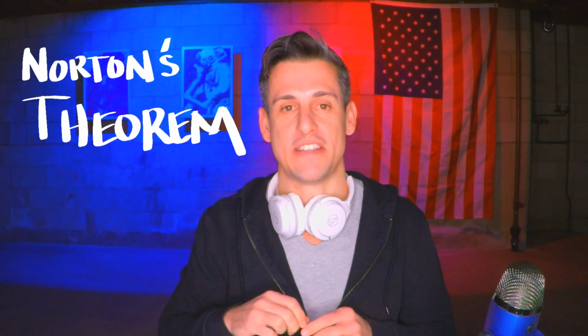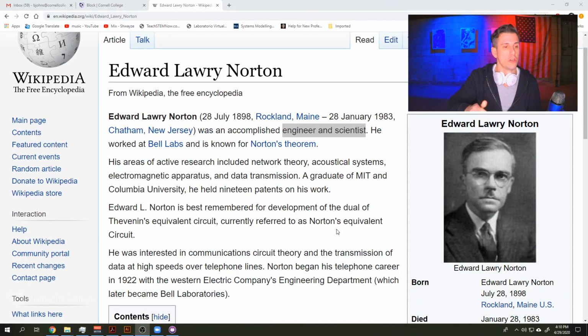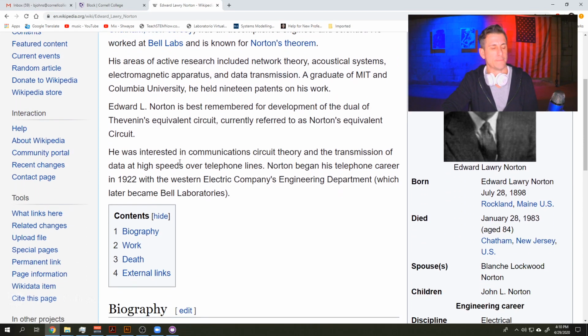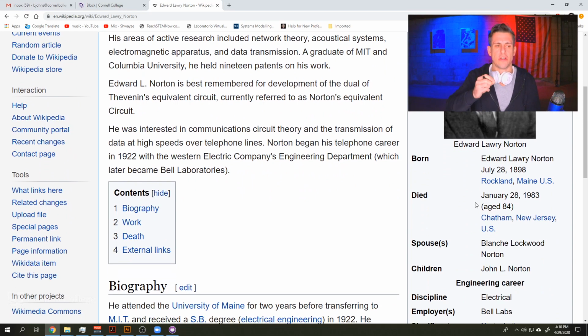Norton's theorem is very similar to Thevenin's theorem. We will now move from Thevenin to Norton. And they're very similar. This is named after Edward Norton, and he was an American engineer and scientist, and he worked at Bell Labs, and this theorem is not as old as Thevenin's theorem.